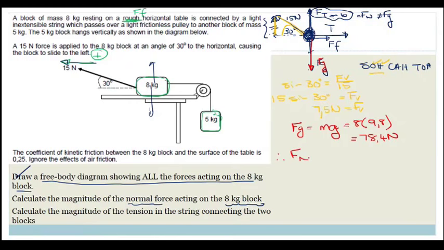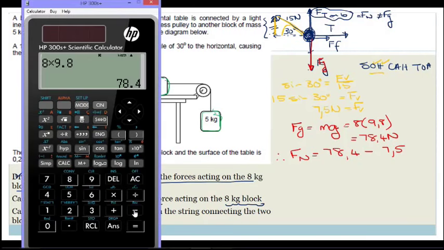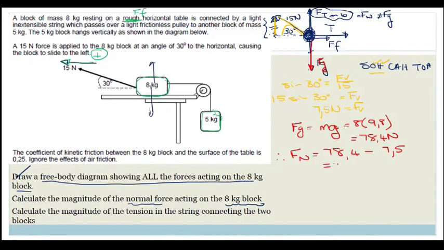Therefore, we can say that the normal force is going to be 78,4 minus 7,5, which is 70,9. So the normal force in this case is 70,9 newtons.